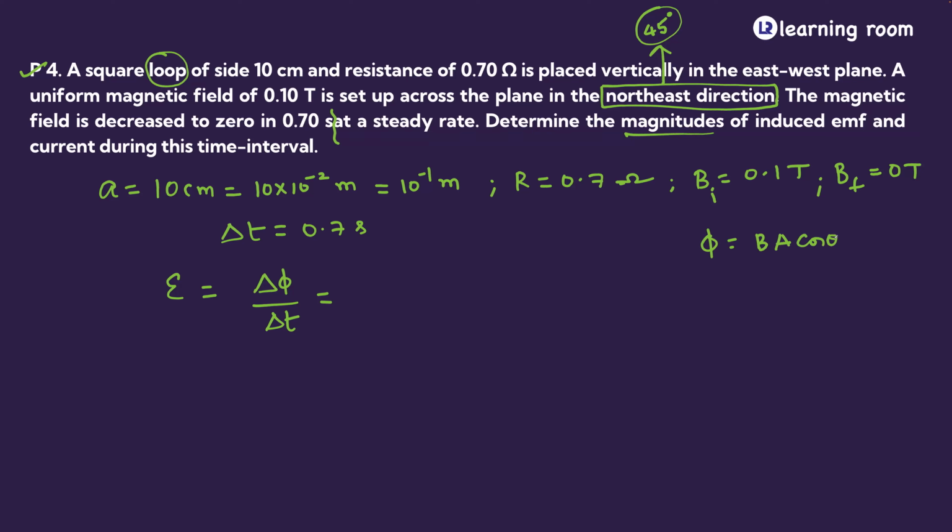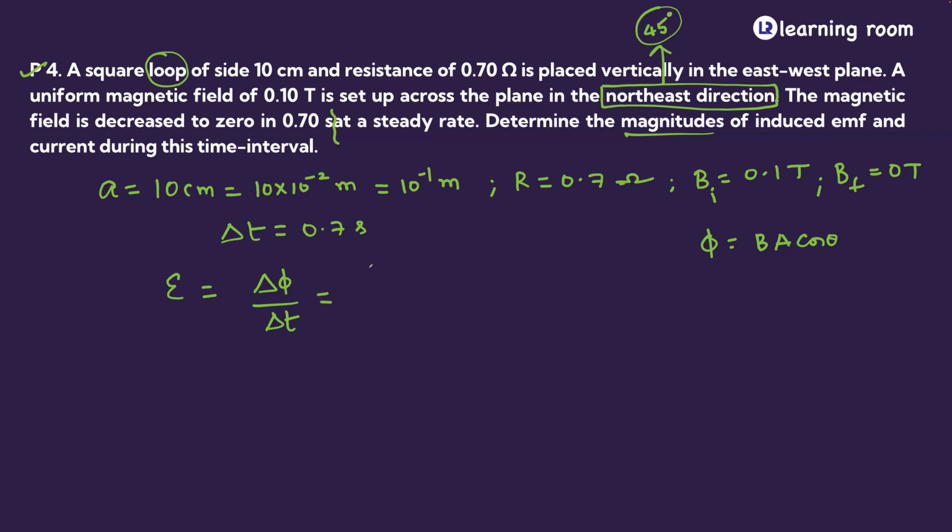So if phi has to change, any one of the parameters has to change and the other two will be constant. Here, what is changing? Magnetic field is changing. It is going from 0.1 to 0 Tesla. Area is constant and theta is constant. So how much is delta phi going to be?